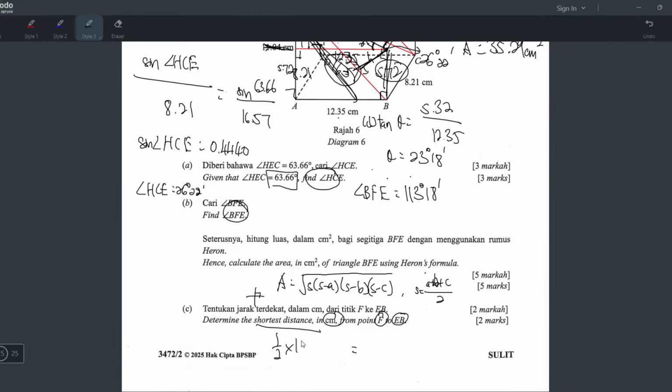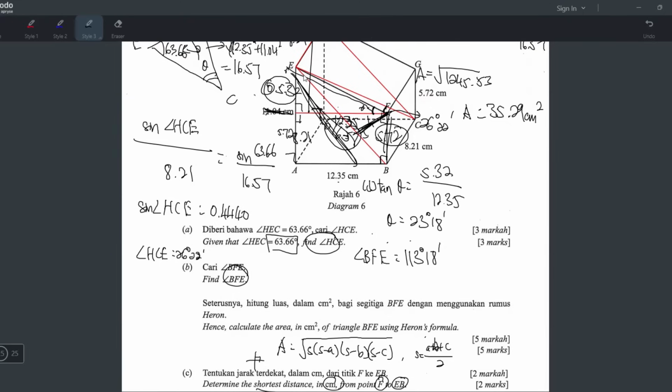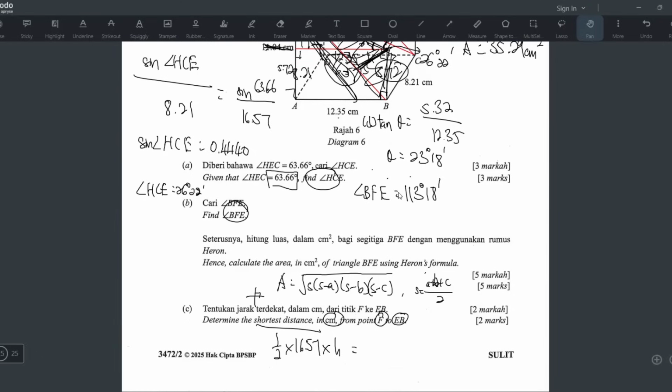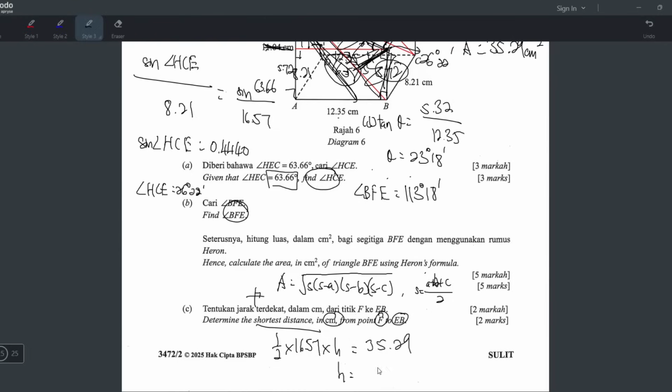For the height, that will be the shortest distance, and it equals the area of this triangle, which you already found using Heron's formula just now, which is 35.29. So now you can press answer times 2 divide 16.57 and you get your H. So you get 4.2597, so 4.260.